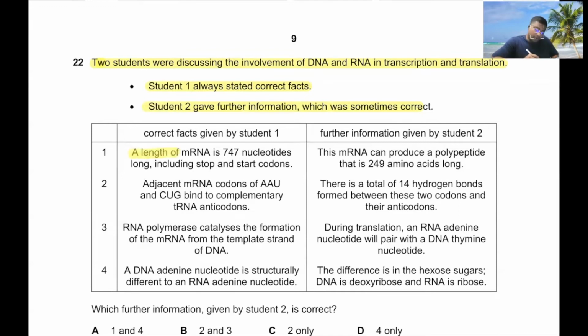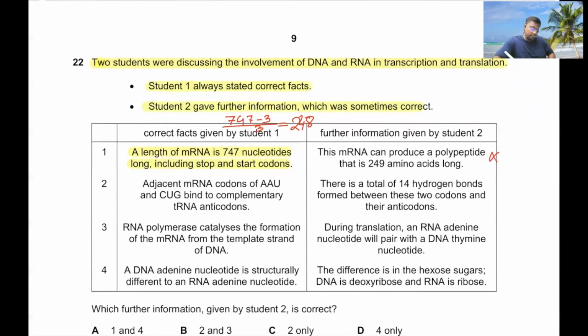A length of mRNA is 747 nucleotides long, including stop and start codons. The start codon codes for an amino acid, but the stop codon does not code for an amino acid. So it will be 747 minus 3 divided by 3. So the answer is 248. So the mRNA can produce a polypeptide that is 249 amino acids long.